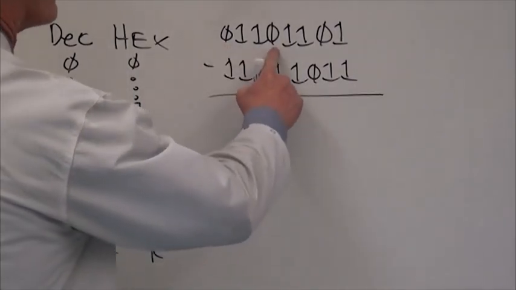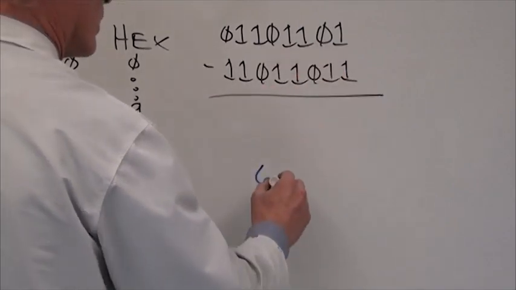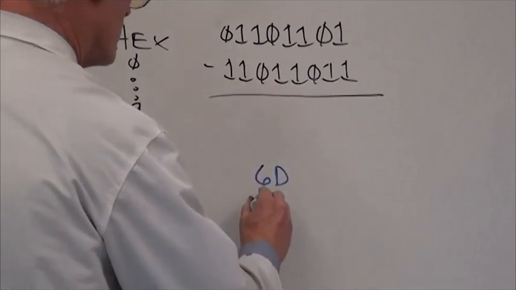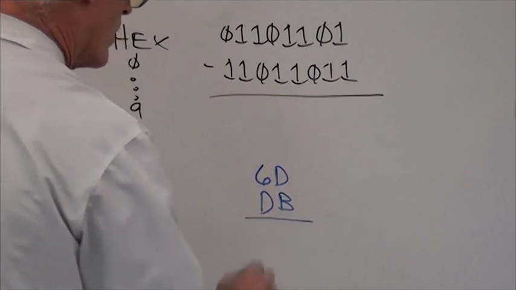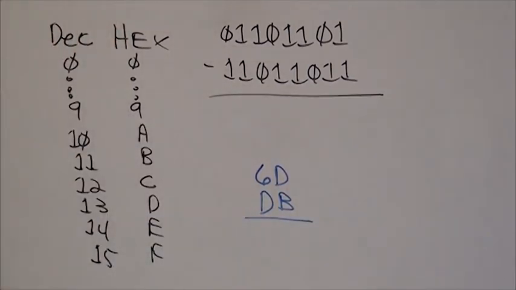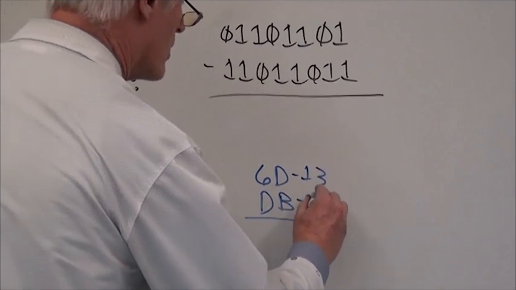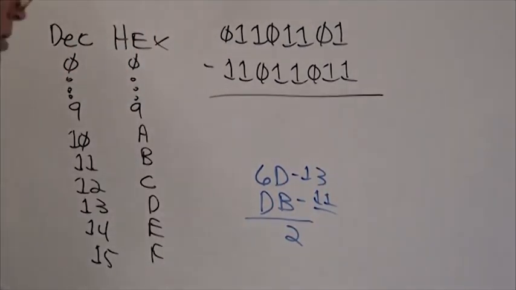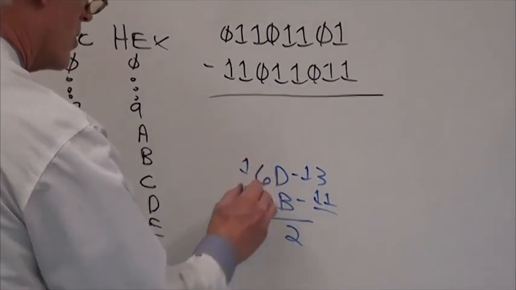This number is 4 and 2, that's 6, and 8 and 4 and 1 is 13, and this is again 13, and this number here is B. Right away you can see that once you get good at doing these conversions, this number here is 13 minus 11, which is 2, so you've got half of it done already. You have to borrow because the D is bigger than the 6, and then you use it.